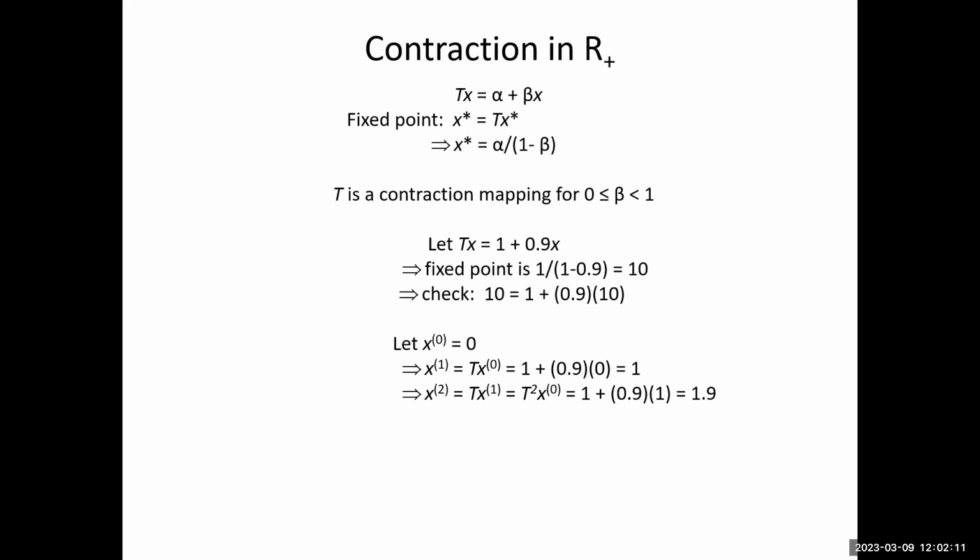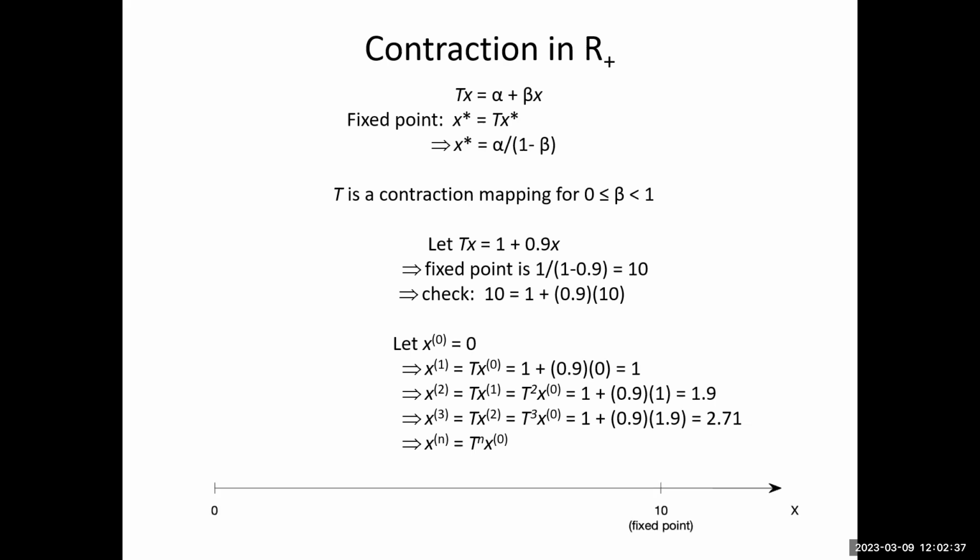This gives us 1 plus 0.9 times 1 equals 1.9. We continue along these lines for the third iteration, which gives us x3 equals 2.71. The more iterations, the closer we get to the fixed point 10, and as we let n go to infinity, we must converge to this fixed point.